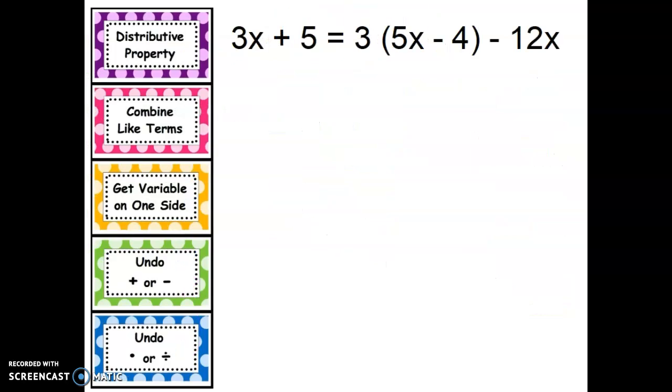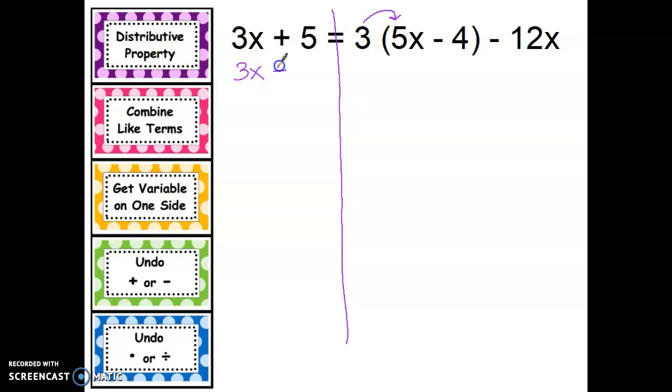Let's look at a couple of different examples. This first example is the other side of your homework. I believe it's the first problem on the back side. So, distributive property, we can distribute this 3.